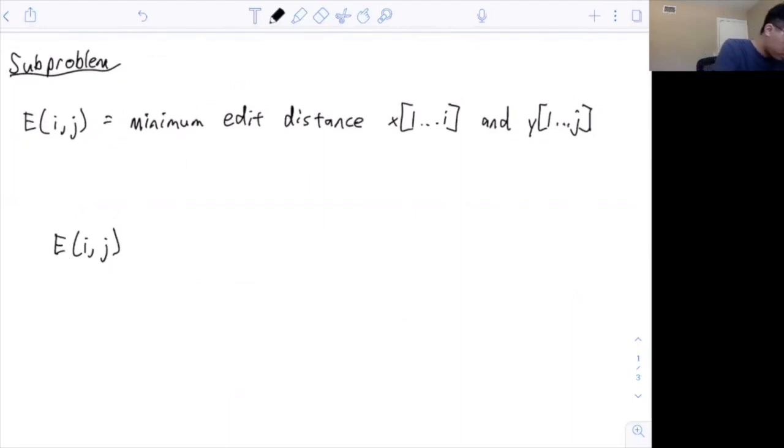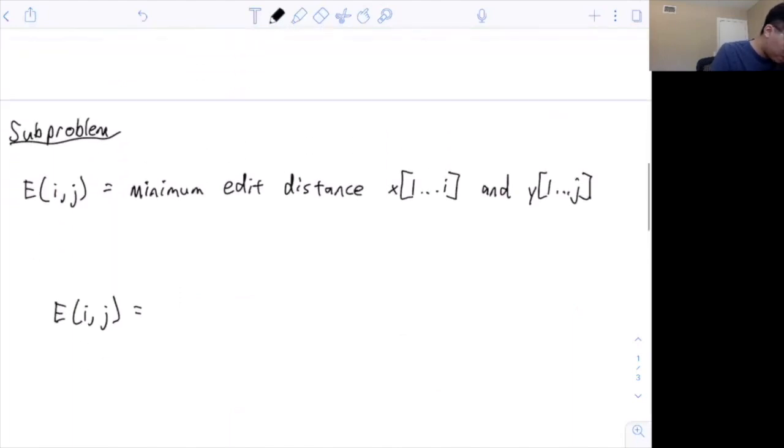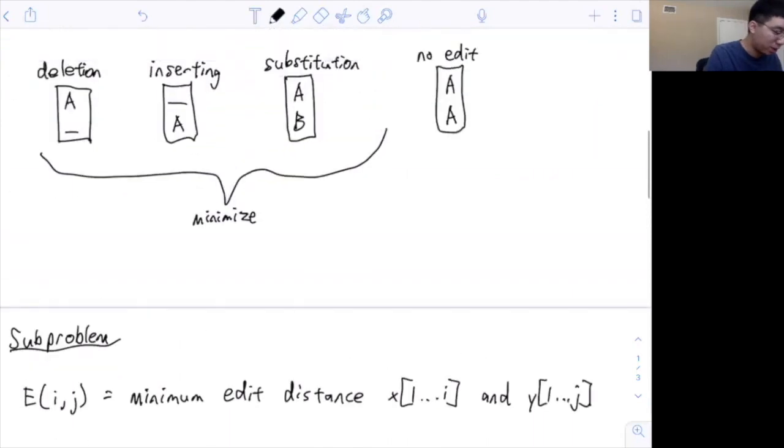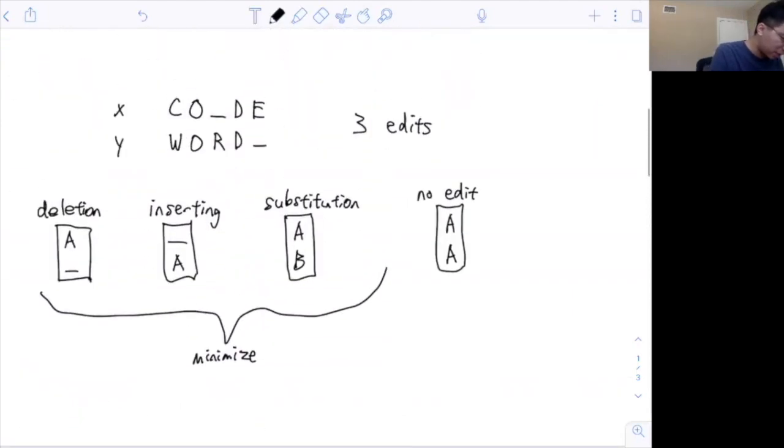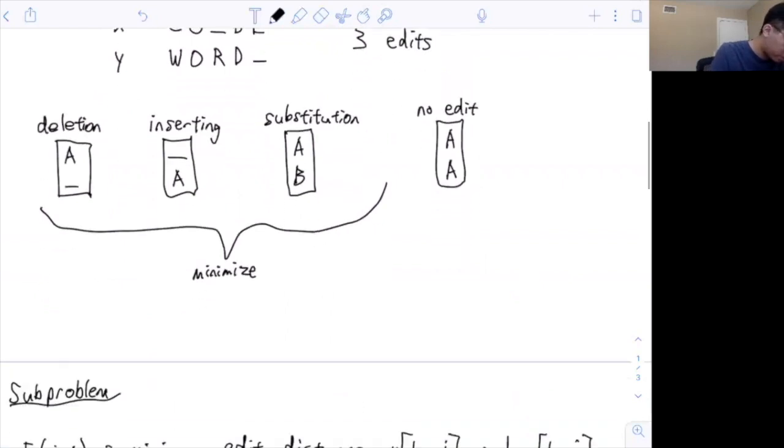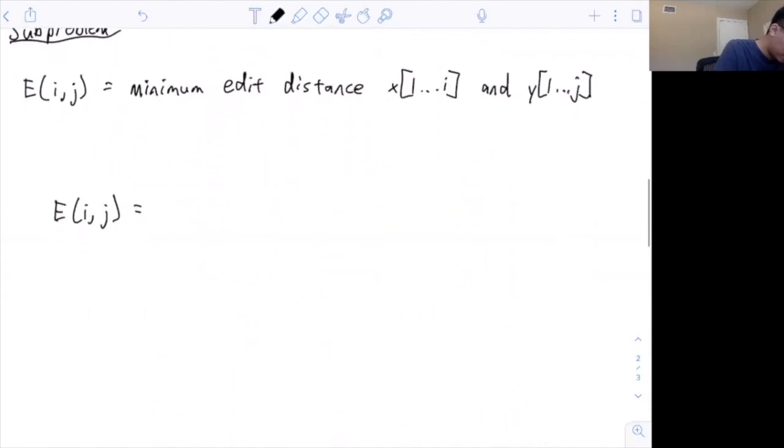Now we need to find some minimum, and we can think about what the previous edit would be. The previous edit could have been a deletion, an insertion, or a substitution. So we can say it's the minimum of a certain number of things.